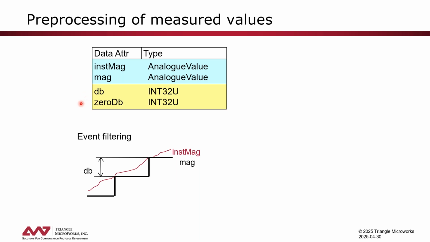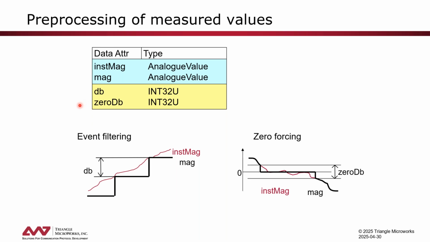And what you see here, we also have something called a zero deadband. That is basically used for another concept we know from SCADA systems, which is when the value is somewhere close to 0, which would be the case when a breaker is open and no current is flowing.